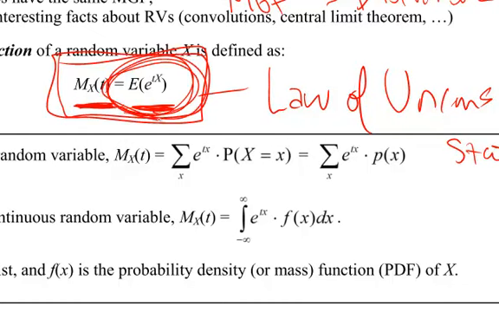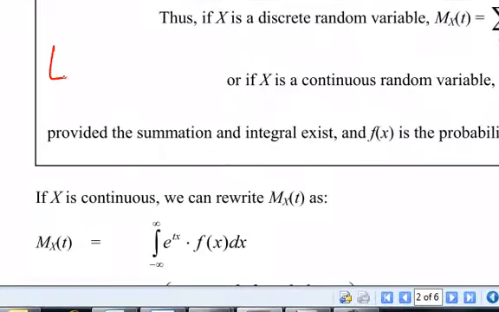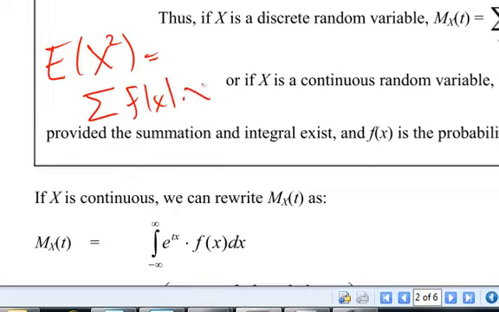So down here, that's all I'm doing. This is expected value of e to the tx, so I put e to the tx times p of x, so it's just e to the tx times p of x. This is just that law, right? Remember, expected value of something like x squared was just the sum of f of x times x squared.